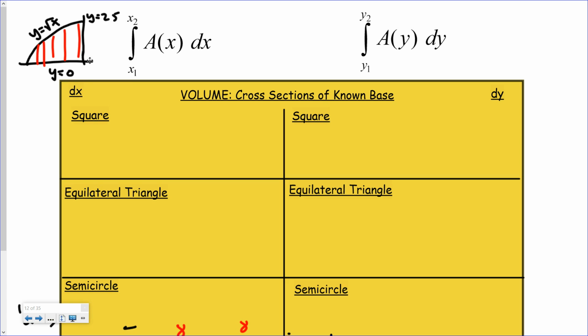If I take one of these squares out, what would the length of this square be? What would one side of the square be? Do you agree one side would just be y minus y? I mean, it would vary, but any one would be y minus y. What is the length of this y minus y?